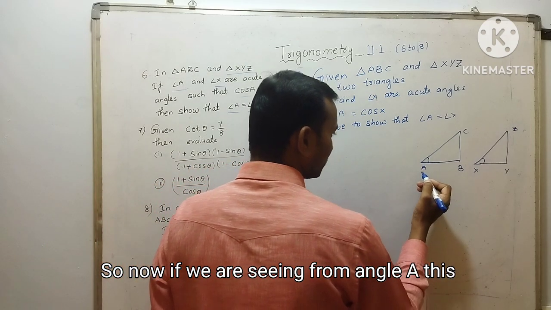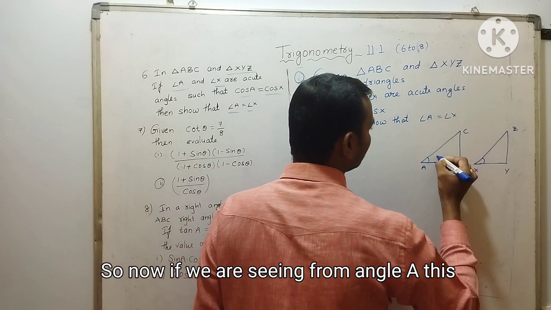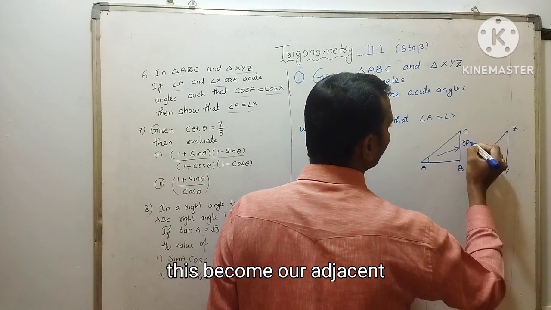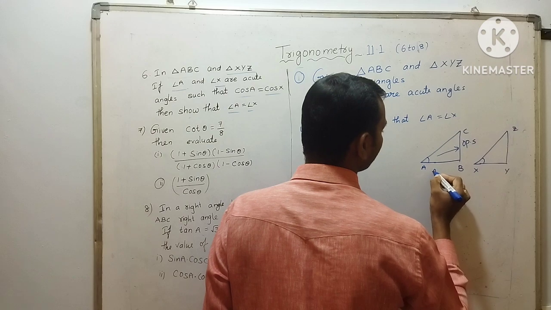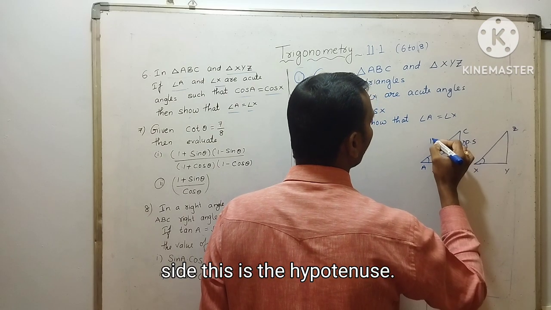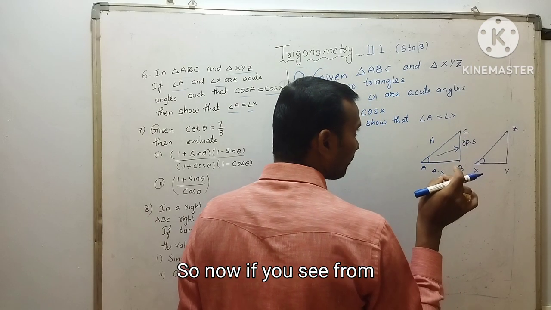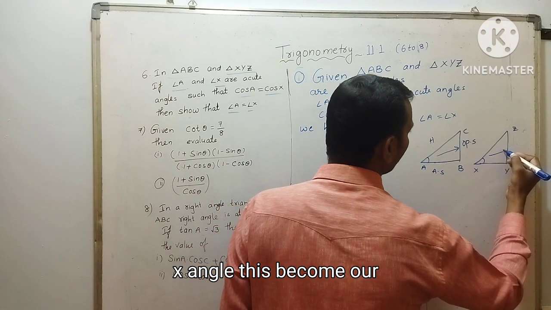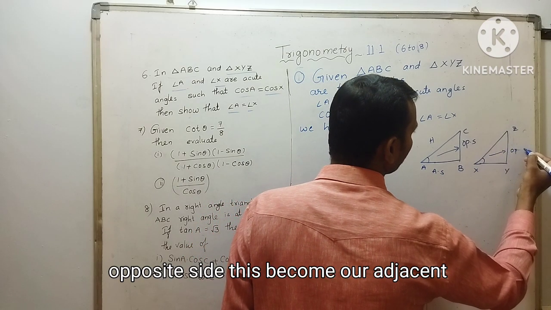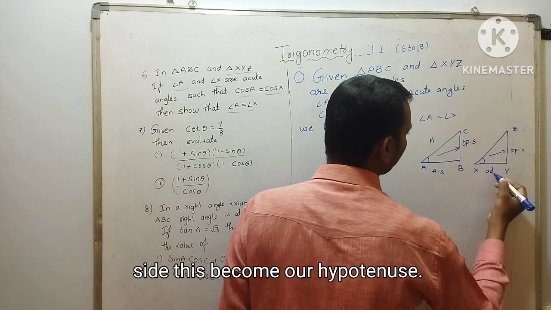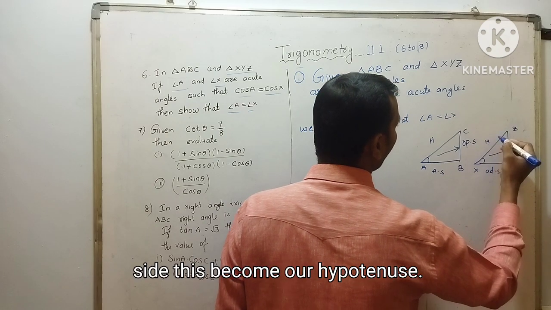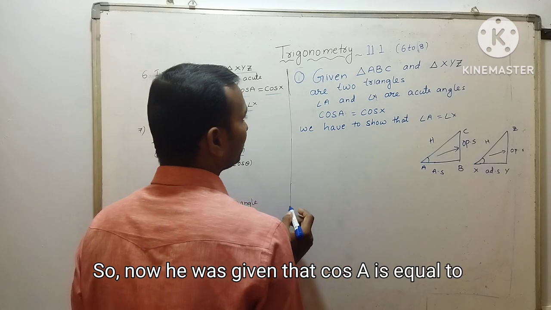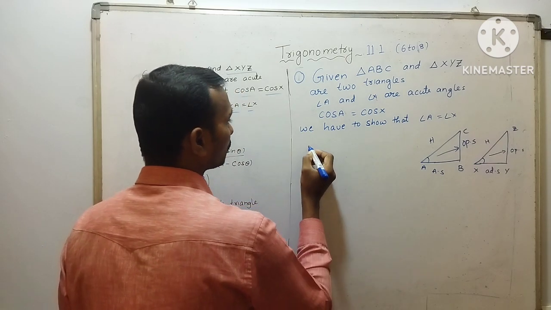Now if we are seeing from angle A, this becomes our opposite side, this becomes our adjacent side, and this is the hypotenuse. If you see from angle X, this becomes our opposite side, this becomes our adjacent side, and this becomes our hypotenuse. Now he has given that cos A is equal to cos X.